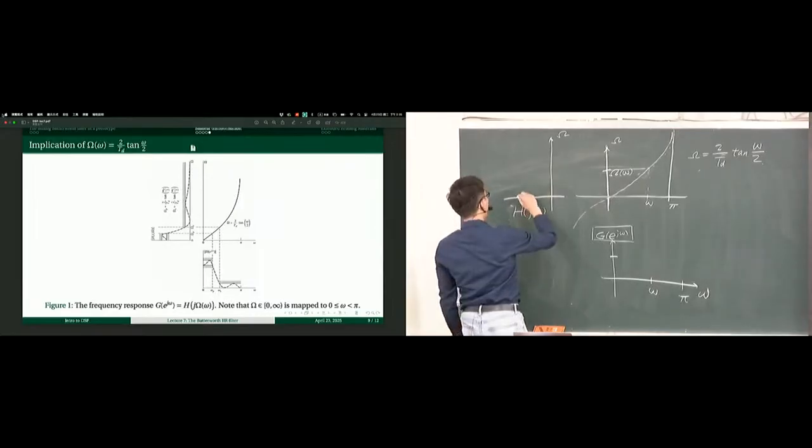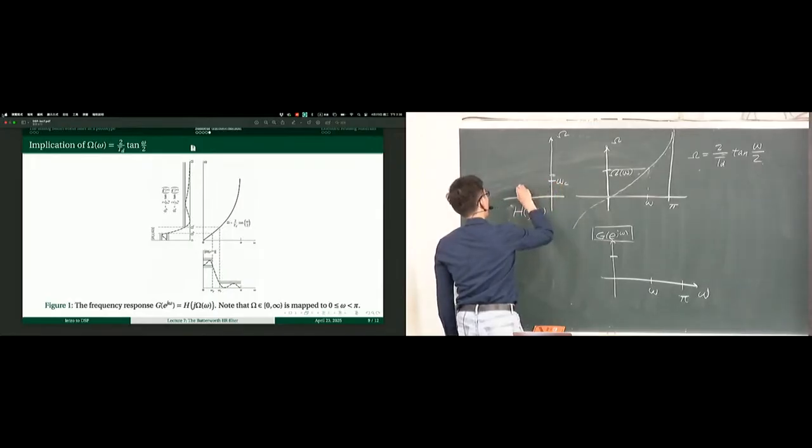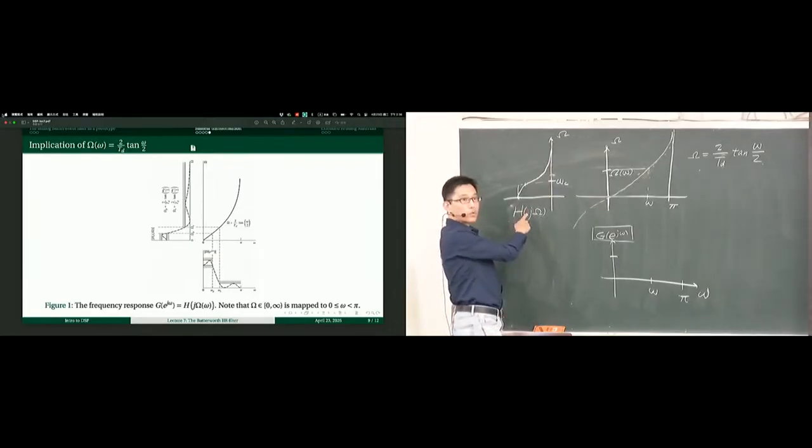Okay, and what's our prototype? If our prototype is Butterworth, then let's say the Butterworth has a corner frequency right here, and it's almost flat, and then it reduces to 1 over square root of 2, and it drops like that, right? So that becomes our prototype.